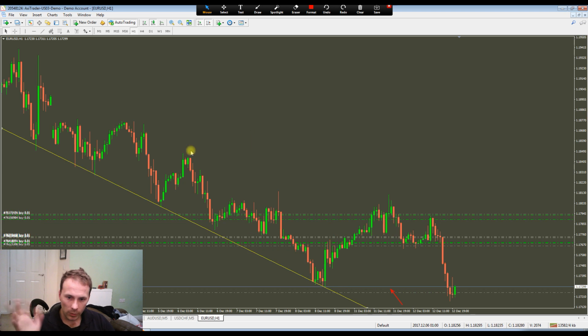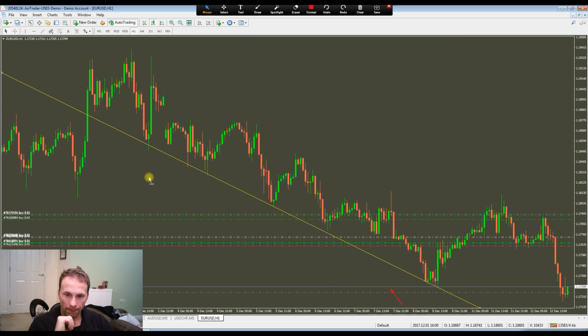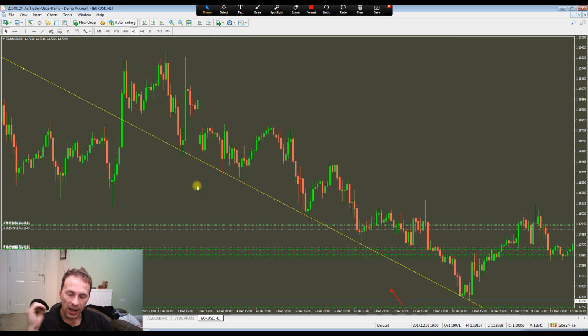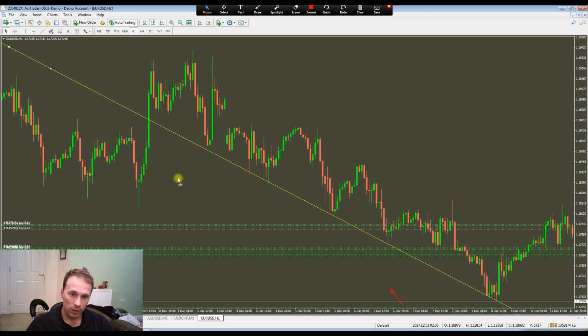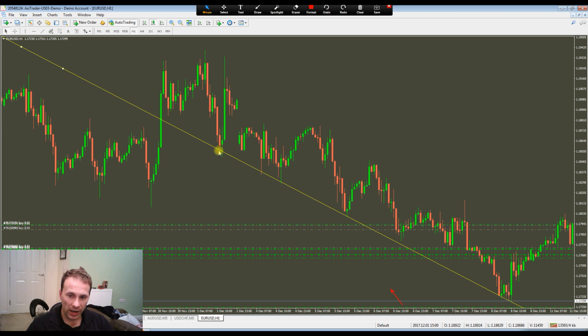On the 1 hour chart, what am I looking for at a trend line? I'm looking for the price to react at this level. We can see here we had a nice bounce, price shot up, came back down, shot up, came back down, shot up.